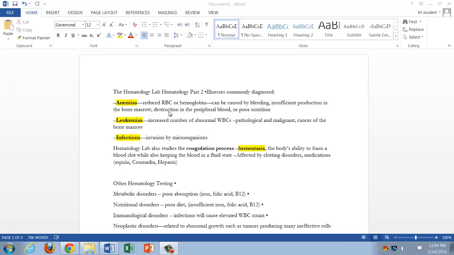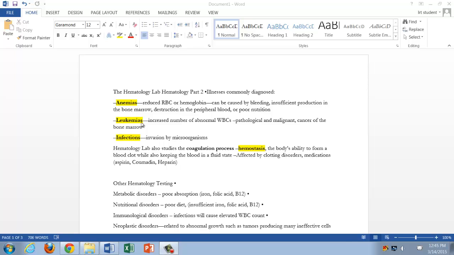red blood cells. In terms of white blood cells, we have leukemias, and these are malignancies of the bone marrow. In part 1, we talked about the 5 different types of white blood cells. There can be a malignancy in each one of those cell lines. Remember the neutrophil or the lymphocyte or the eosinophil.